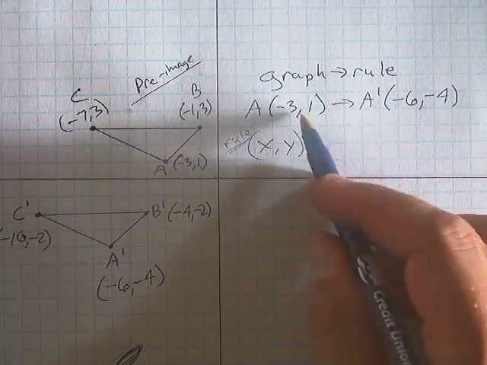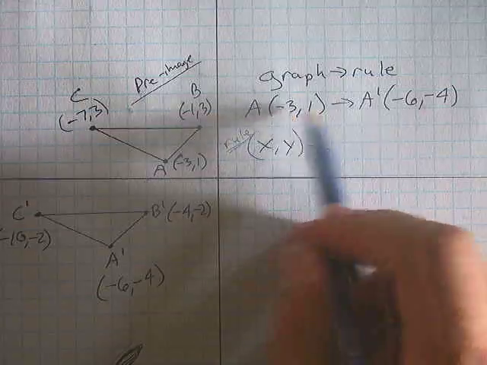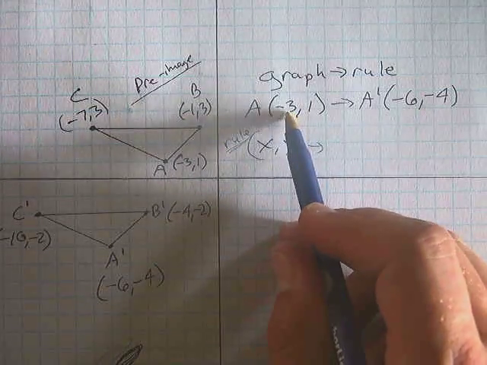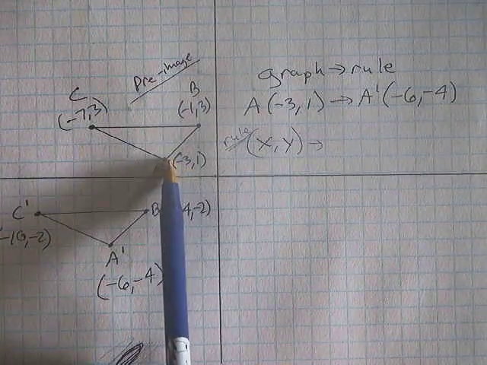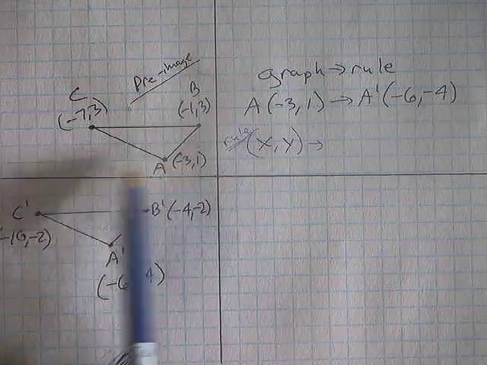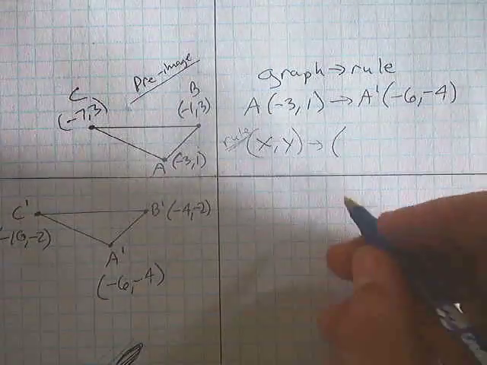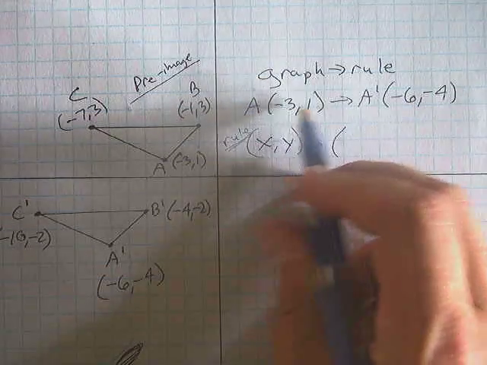Okay, so we're going from -3 to -6. What did we do here? Looks like we're going down. How much further down are we going? Well, we're going down 3 more, aren't we? If you check on the graph, we're going down. No, I'm sorry, we're not going down. We're going to the left. I'm sorry, that's my bad. This is the x coordinate.